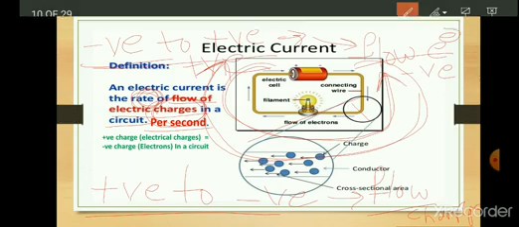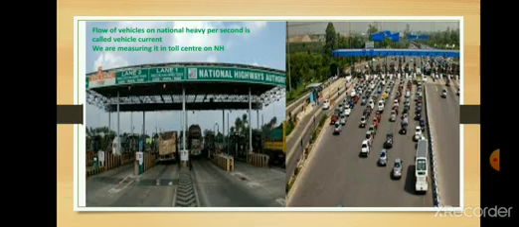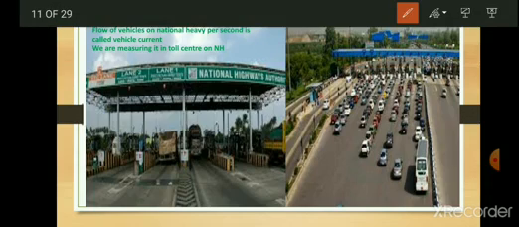Students, I will give one similarity to the electric current. I hope all of you have seen vehicles travelling on a national highway. How many vehicles are travelling on the national highway per second, that is the vehicle current. Students, this is not the actual concept, I am just giving a similarity.